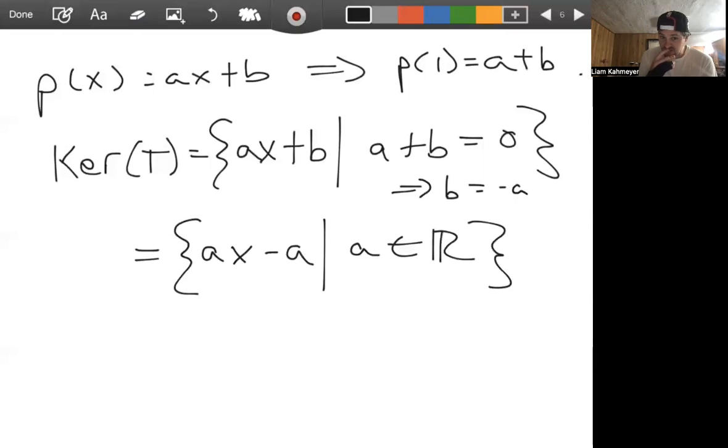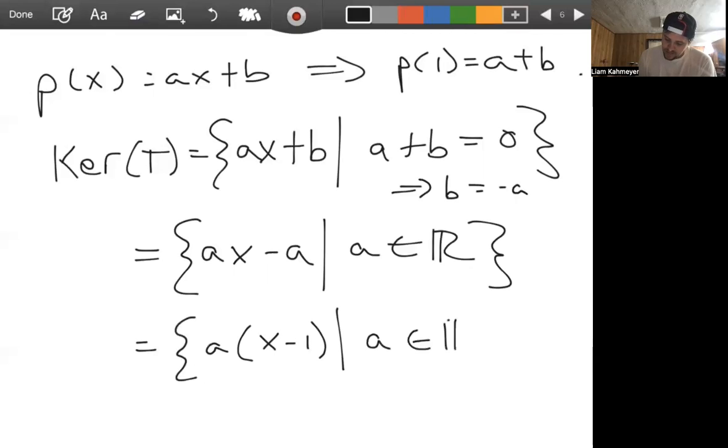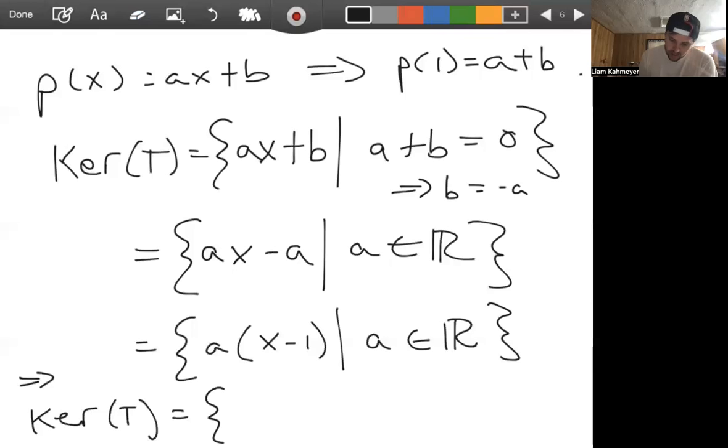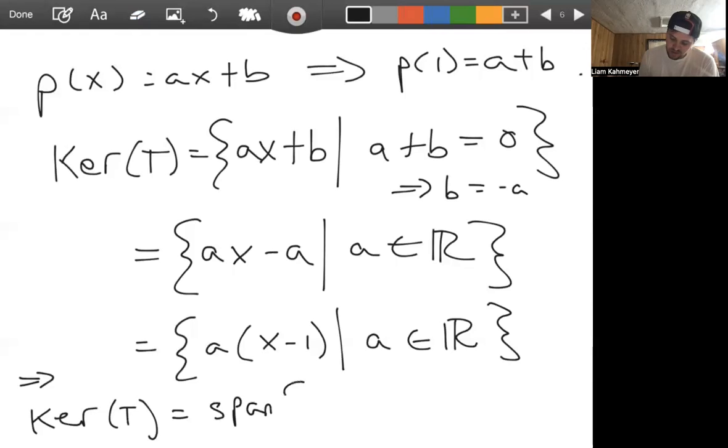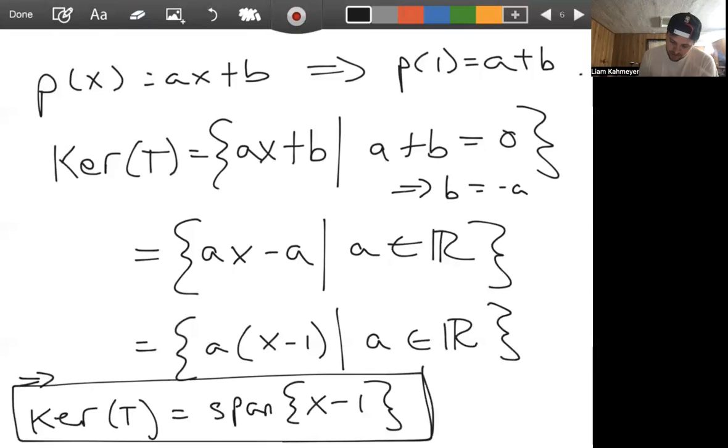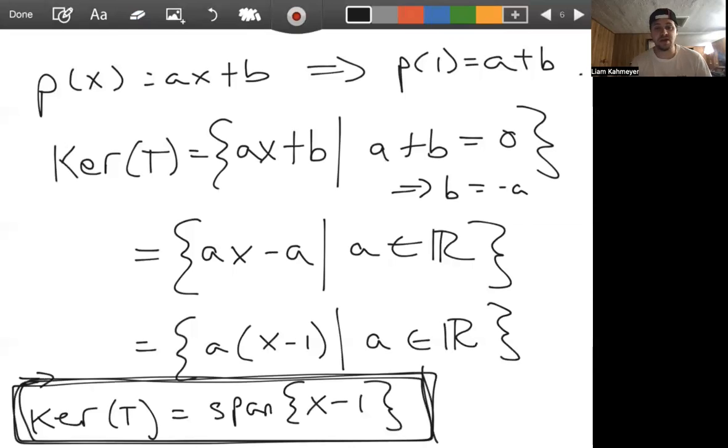Well, as a set, you could think of this as A times X minus 1, such that A is a real number, which implies that the kernel of T is equal to, well, really it's the span, because you see X minus 1 spans the kernel here. Any element of the kernel is just some scalar multiple of the polynomial X minus 1.